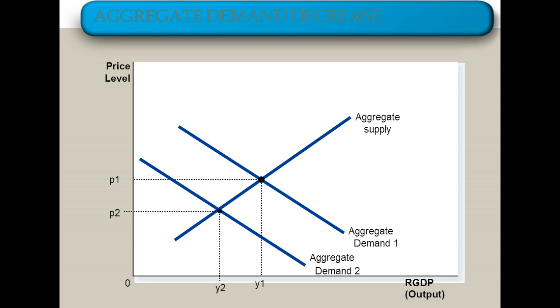Because as prices came down, the definition of inflation decreasing is prices coming down, and as our GDP decreases, we produce less things, we don't need to employ as many people, and so unemployment increases. So aggregate demand decreases, prices decrease, inflation decreases or deflation occurs, and as our GDP decreases, unemployment increases.